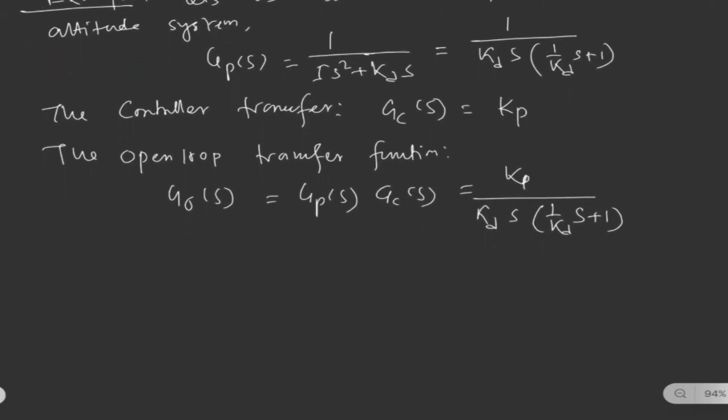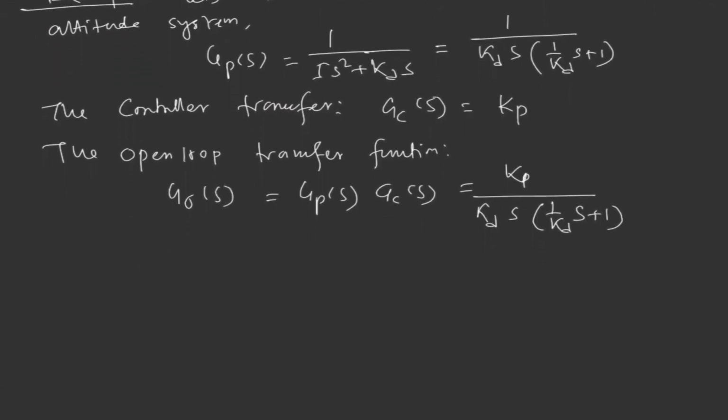Now, this is quite clear. From this, the type of the system of G naught of s is 1.